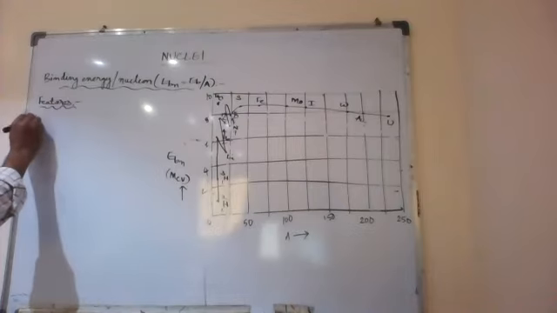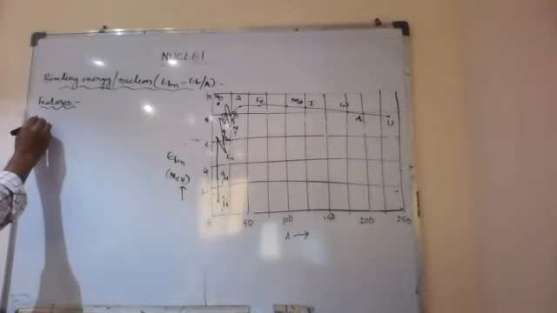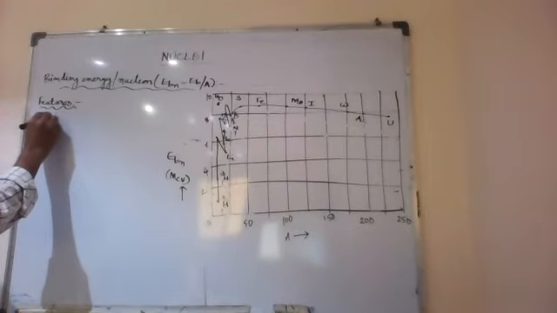Number one, binding energy per nucleon is practically constant.